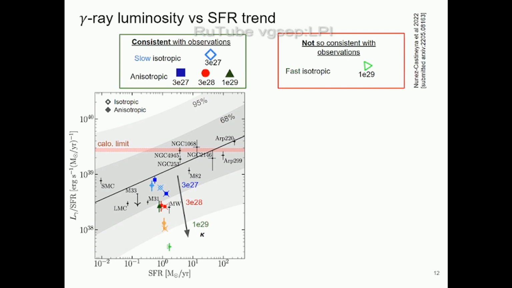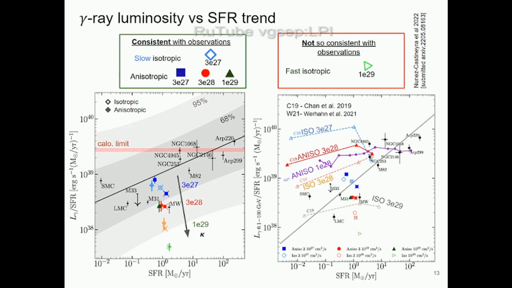Now there is a problem with this, which is that other simulations tend to say the opposite. Typical simulations like those of Chan et al. in 2019 and Maria Berham tend to say that slowly diffusing cosmic rays in simulations yield a gamma luminosity that is quite above what is observed.